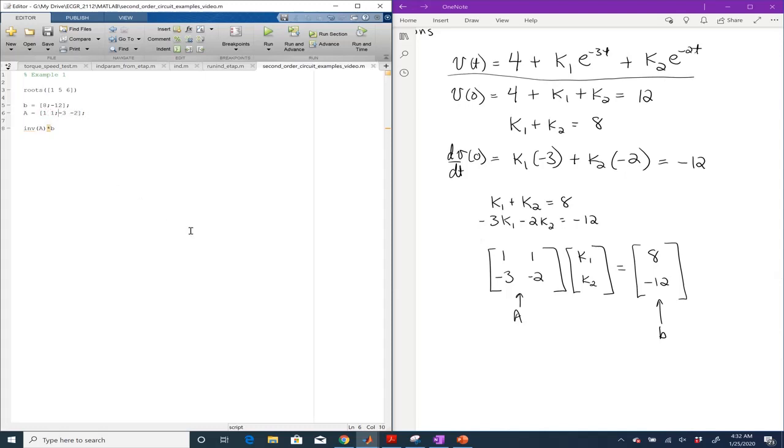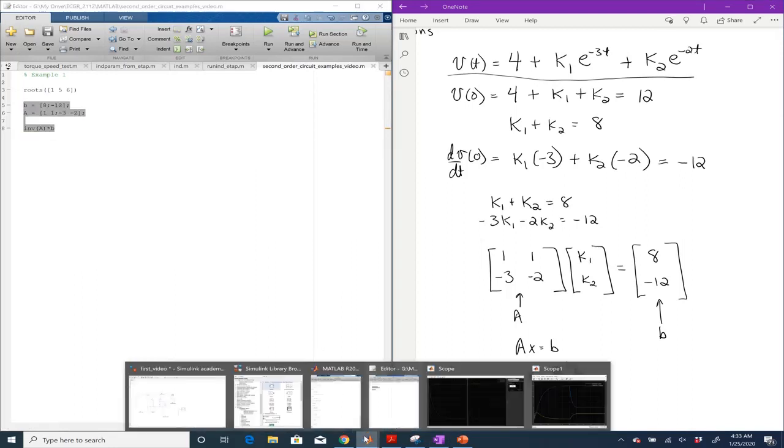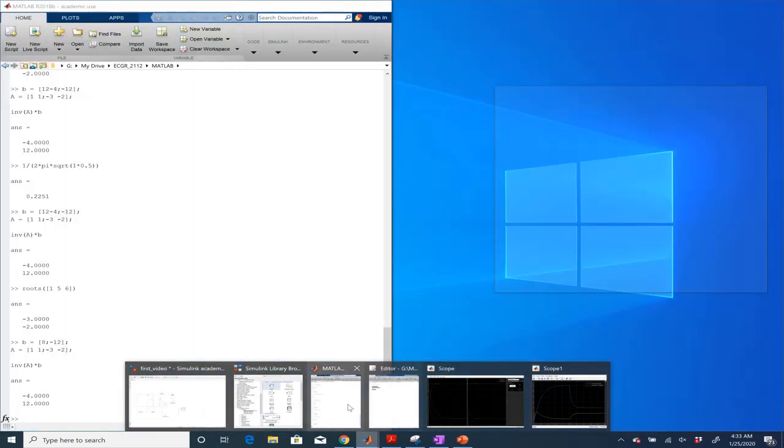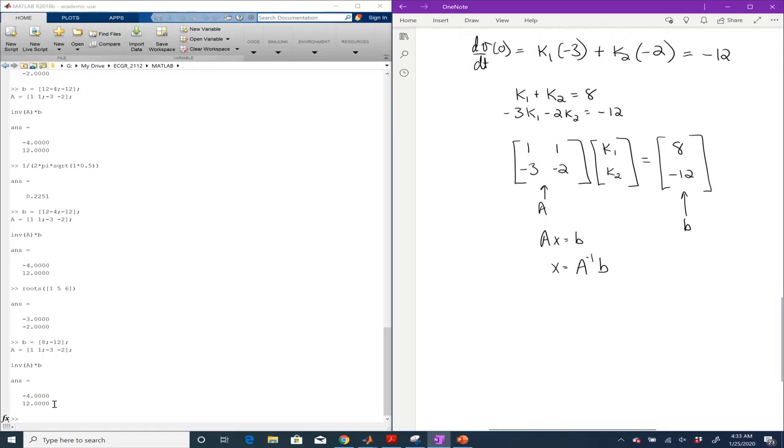Remember, the semicolon creates new rows. So I can think of this as AX equals B. If I want X, I do A inverse times B. That's what I did here, inverse A times B. Evaluating it, my answer is negative 4 and 12. So K1 equals negative 4 and K2 equals 12.